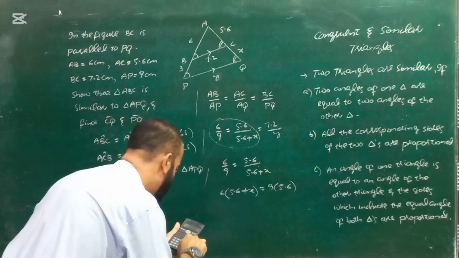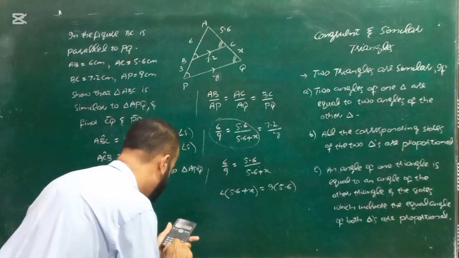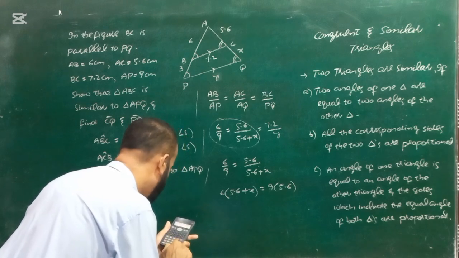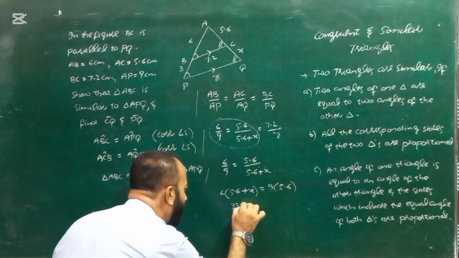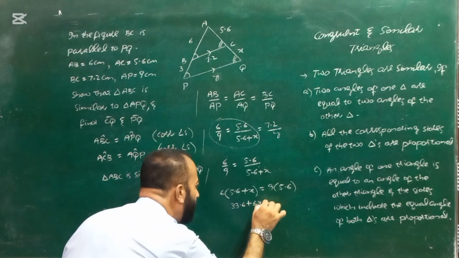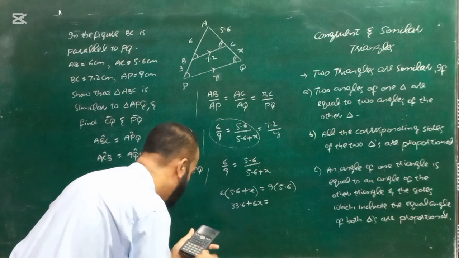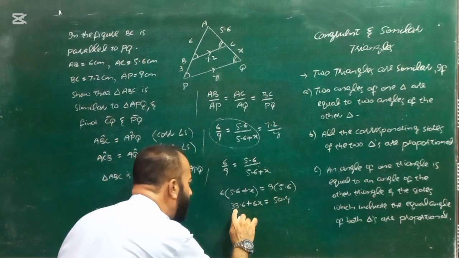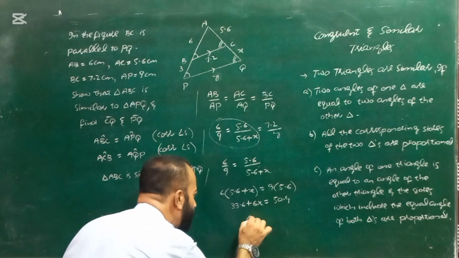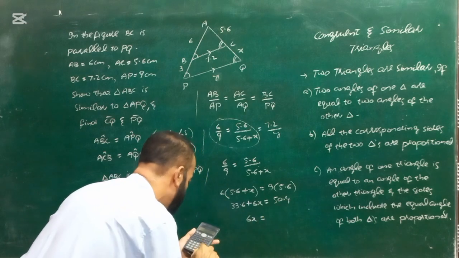Okay, solving it, 6 into 5.6 is 33.6 plus 6x will be equal to 9 into 5.6, that is 50.4. From here, this 33.6 will go to the right hand side and will be subtracted from this.